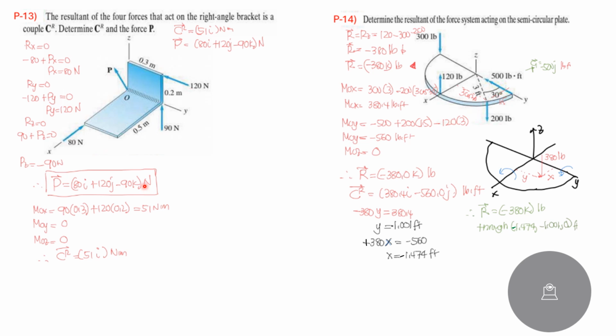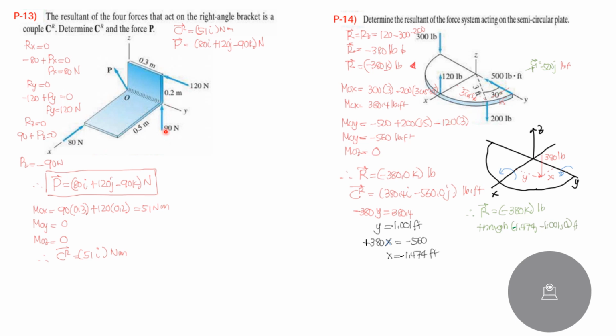For the couple C sub R, let's compute the moment about OX. This is the x-axis, so the 80 is parallel, in fact it coincides. P acts also on OX, so it has no moment.